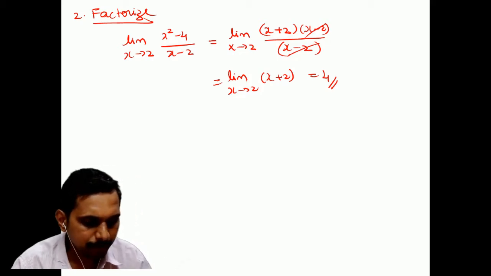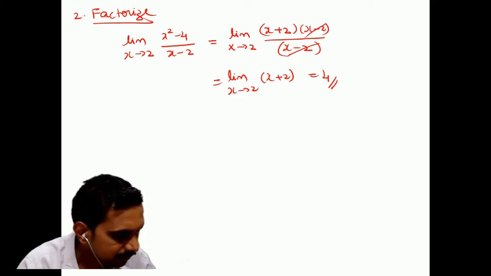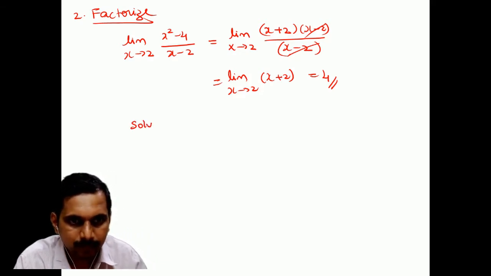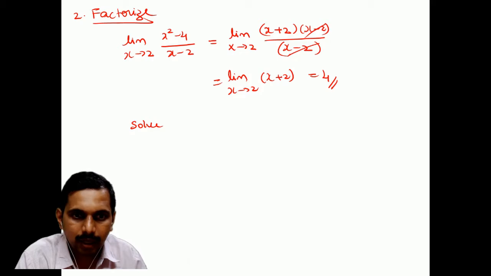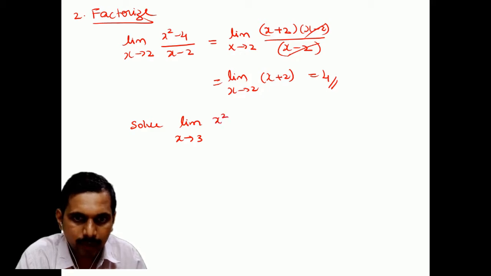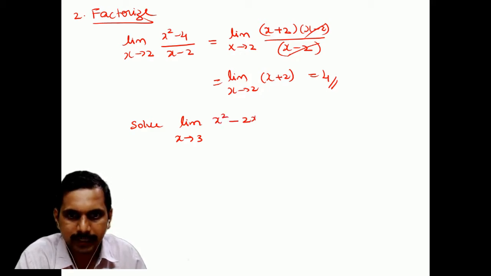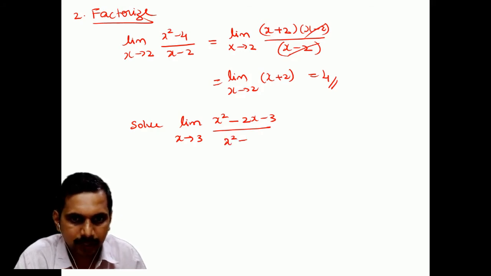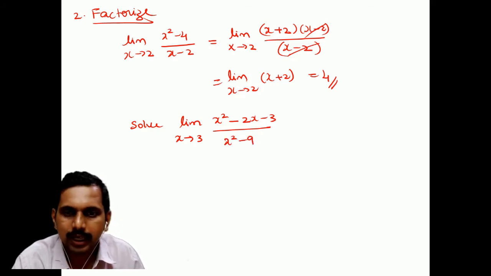Try to solve this problem. Solve limit x tending to 3 of (x square minus 2x minus 3) divided by (x square minus 9). Now here let us substitute first.